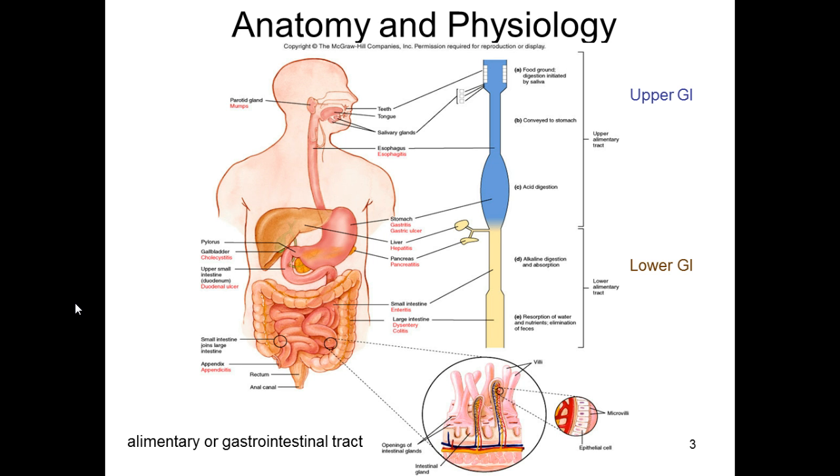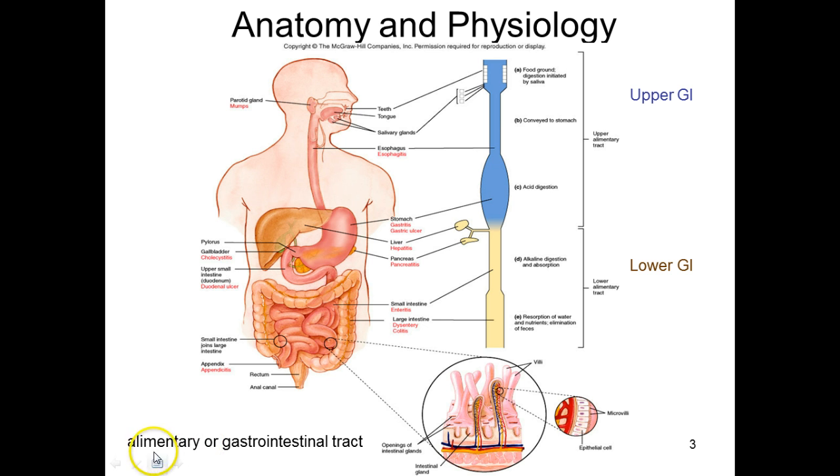It's basically a tube that goes straight through, and then it has several accessory organs and glands associated with it. Upper GI is your stomach upward, so your stomach, esophagus, your mouth, and the things associated with your mouth, like the salivary glands, your teeth, your tongue.